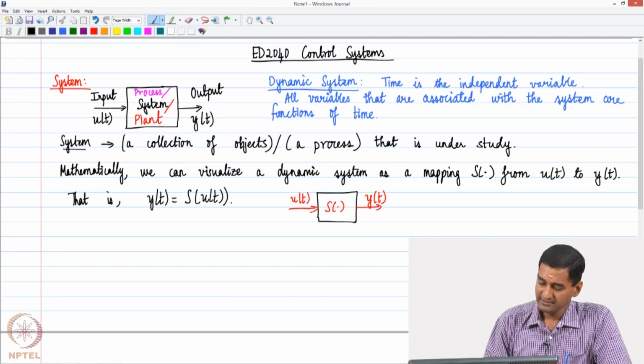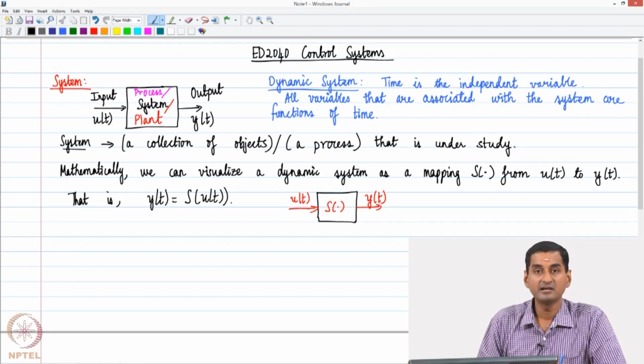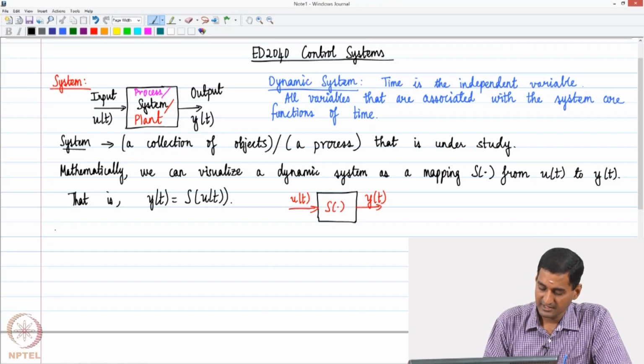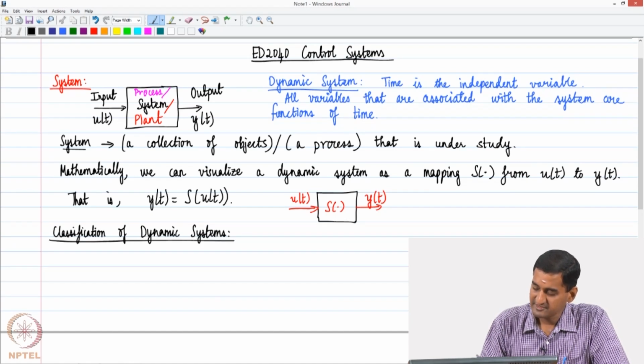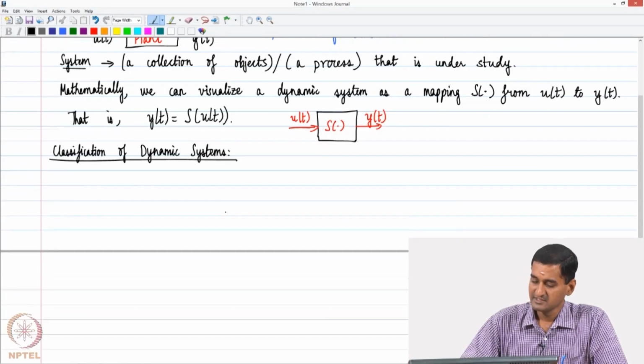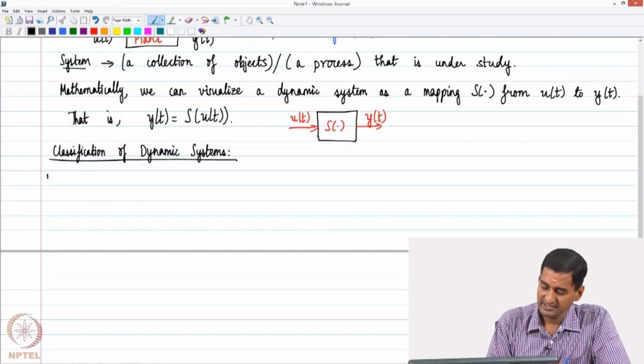Okay. So given this, there are various classes of systems that one could essentially study. So let us look at some classes of dynamic systems. As far as classification of dynamic systems is concerned, the first classification that we would consider is based on the number of inputs and outputs.